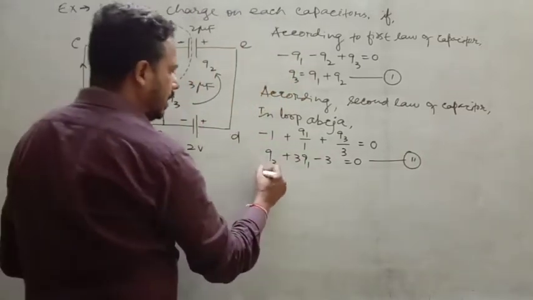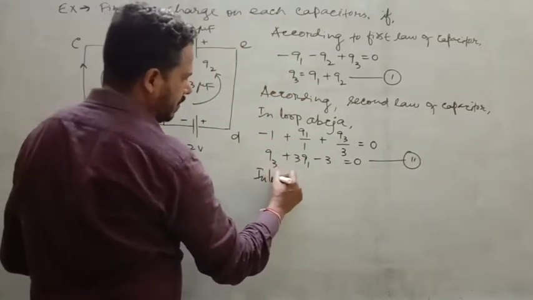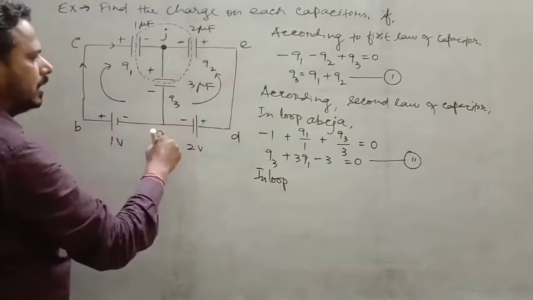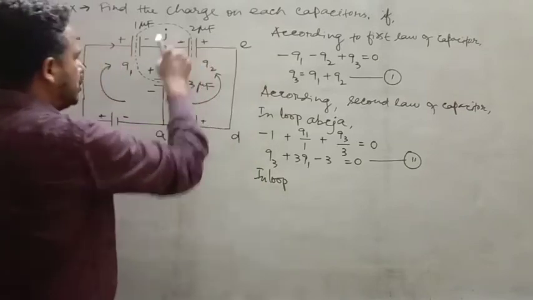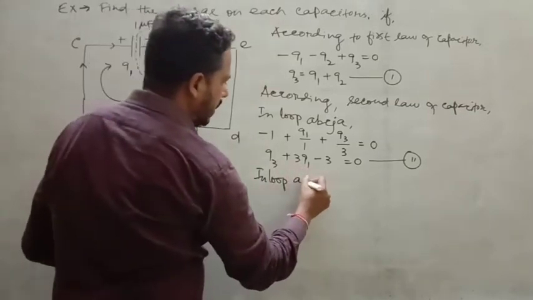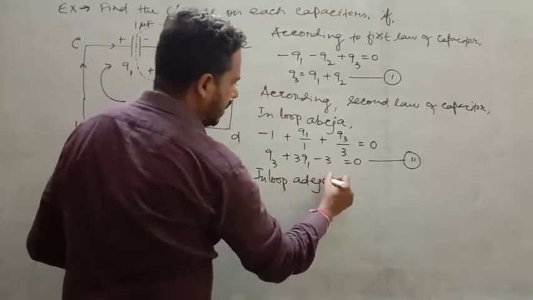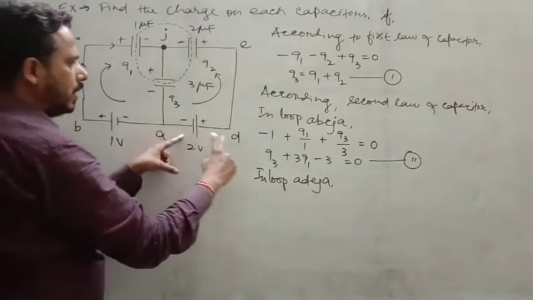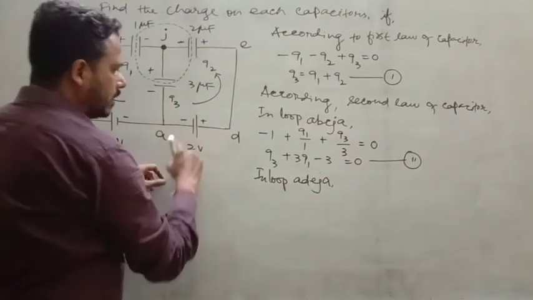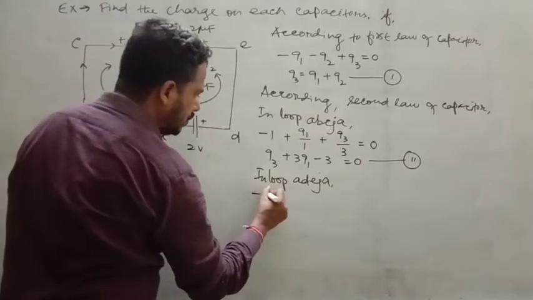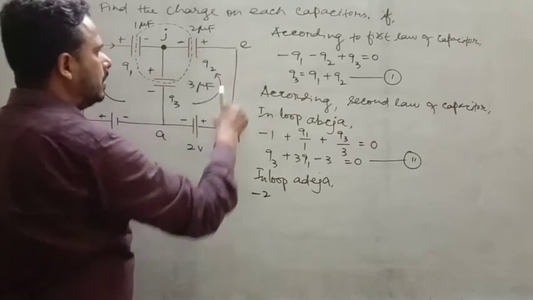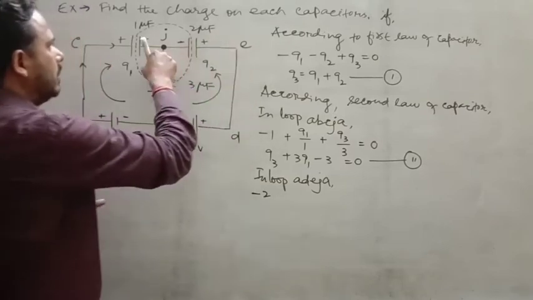Again, take another loop in the anti-clockwise direction, ADEJA. Going from lower to higher potential, the potential drop is minus 2 volt. There is no component from D to E; from E to J there is one component.